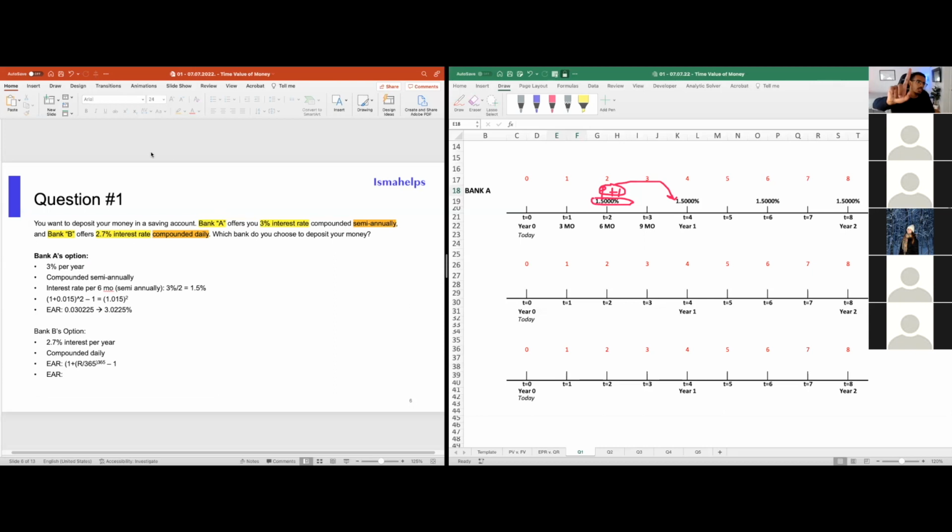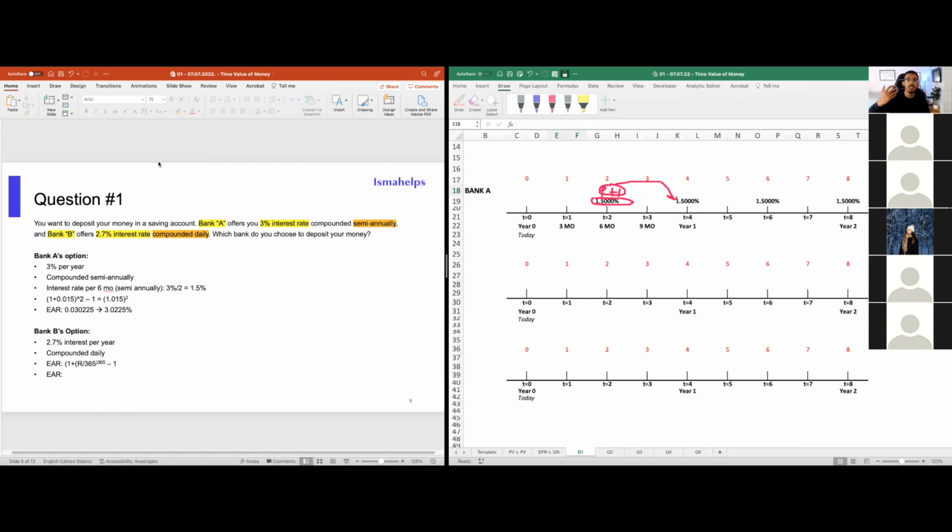Somebody other than Waleed, I want you to give me the answer for bank B. What would be your total return in a year if you were to have 2.7% compounded daily?